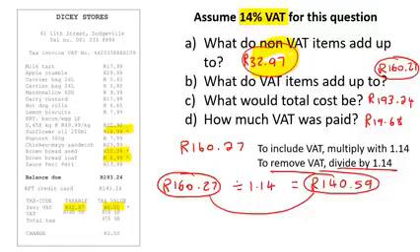Then the items that have VAT was 140.59, and then we added on the VAT of 19 Rand and 68, and so your total VAT or tax was 19.68. We can also see the total is 193.24. So if you want to look at this, it's quite cool. You take all of the items that have no VAT, then you take all the items with VAT, then you add the VAT, and that should give you the total.